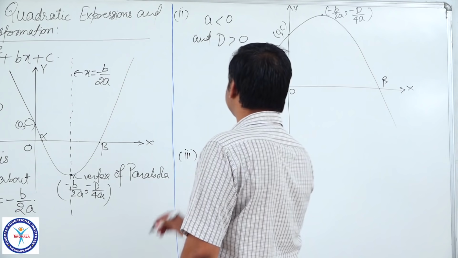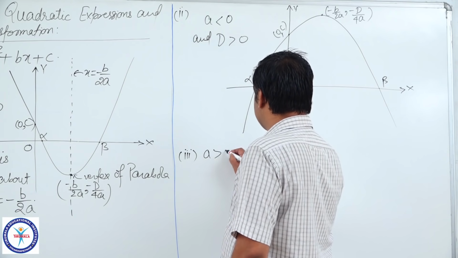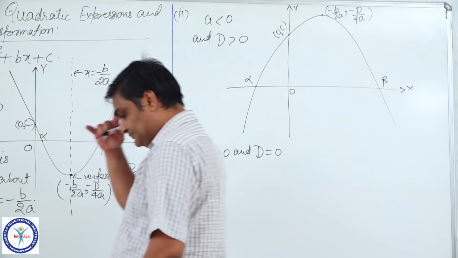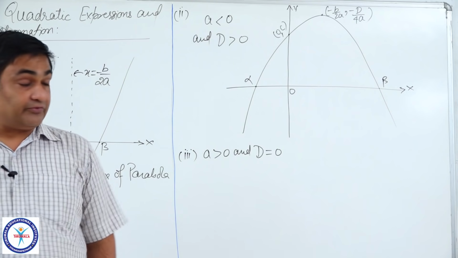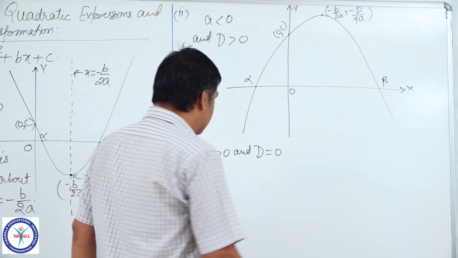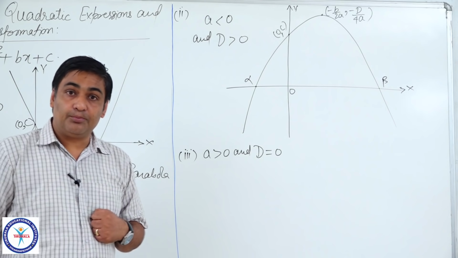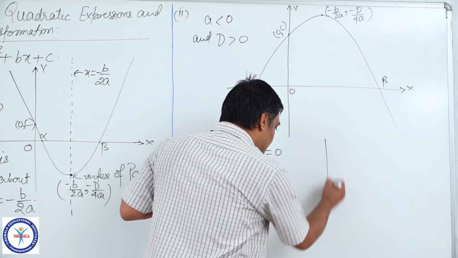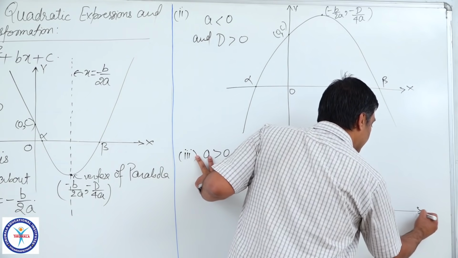Now, third case, a greater than 0 and d equal to 0. D equal to 0 means one root which is repeated. A greater than 0 means coefficient of x square positive, means graph opening upward.